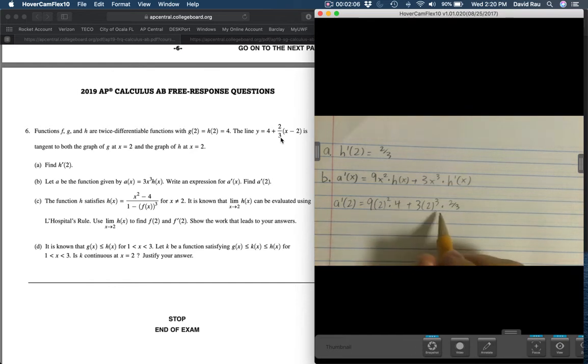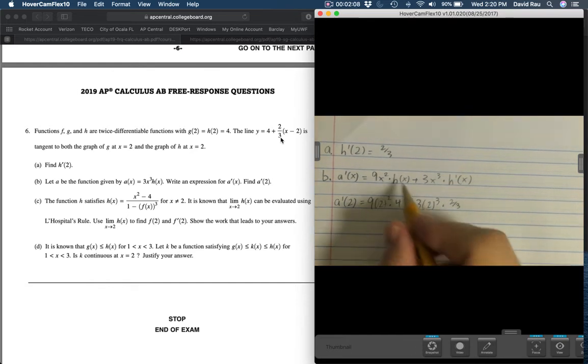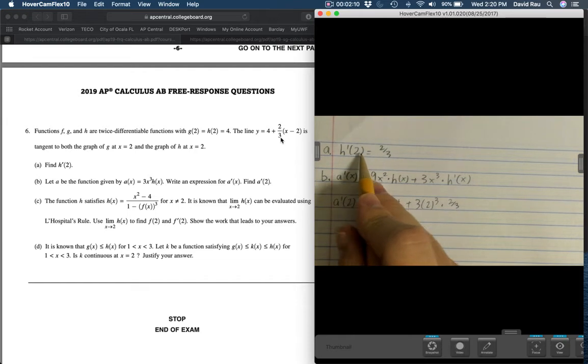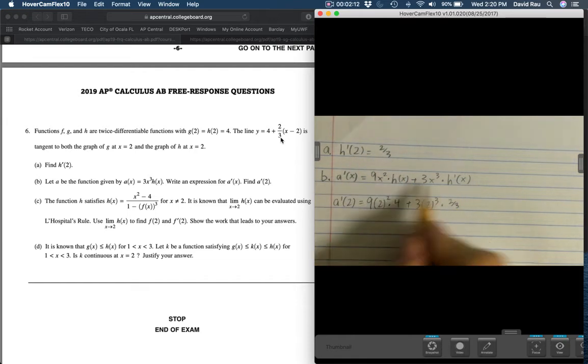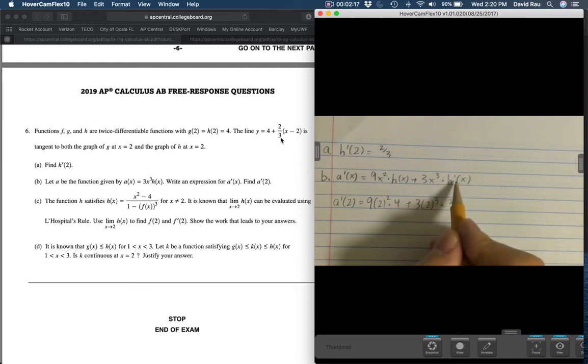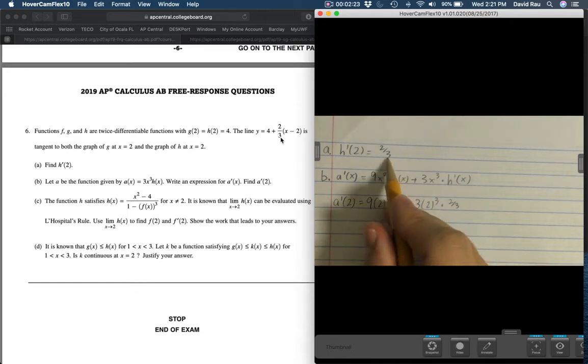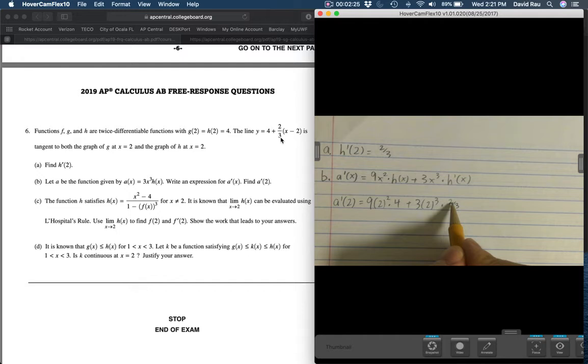I guess one important thing to note here is, let's say, for instance, you had no idea what to do on part A and you skipped it. Well, part B, if you notice, you still need to know what that is. So, worst case scenario, let's say you try this and you realize you need h prime and you don't have it. Don't stop.